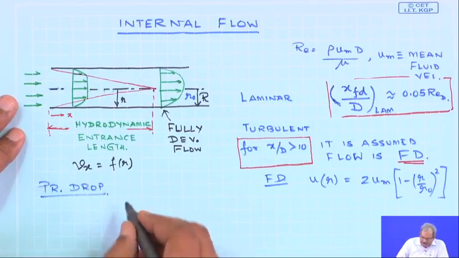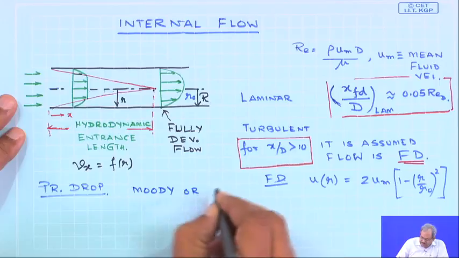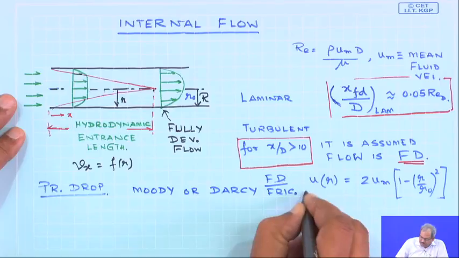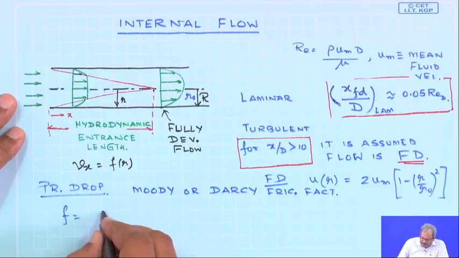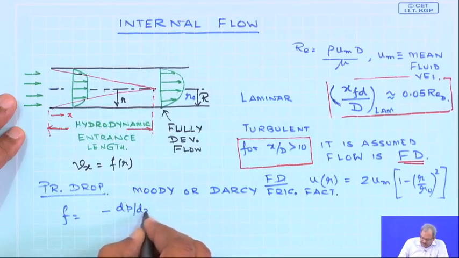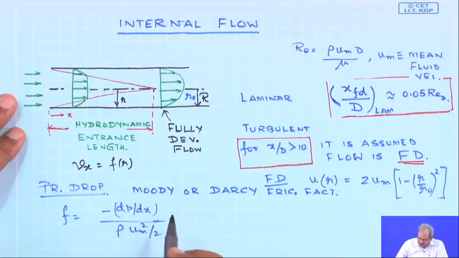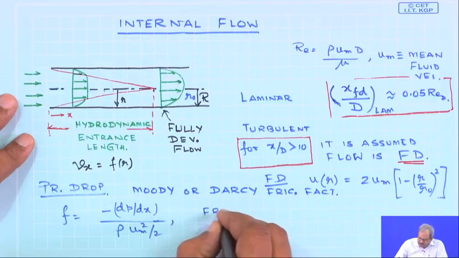The pressure drop can be expressed in terms of the Moody or Darcy friction factor, which is denoted as f, equal to minus dP/dx, the pressure gradient, where P is the pressure, divided by rho um square by 2, where um is the average velocity. This is some sort of a dynamic pressure, and this is how you obtain the Darcy friction factor.